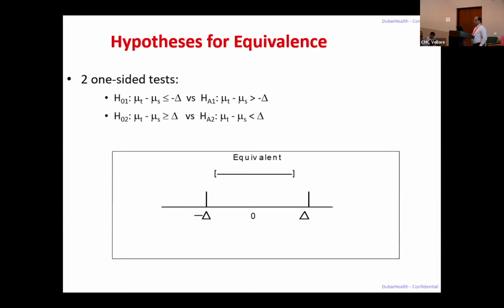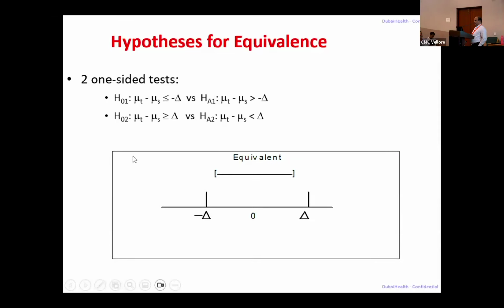We are saying that the null hypothesis is they are not equal. It falls away from the delta. On the other hand, in the alternative hypothesis, we are saying it falls within this delta. It comes within the delta. This is the difference between the two treatments, and this is your minus delta.